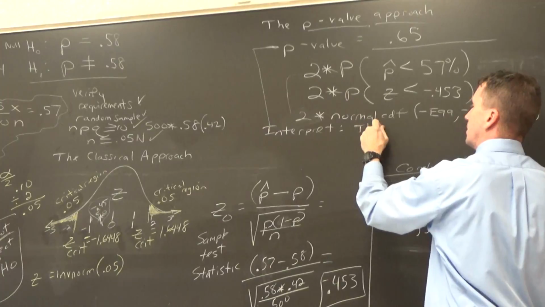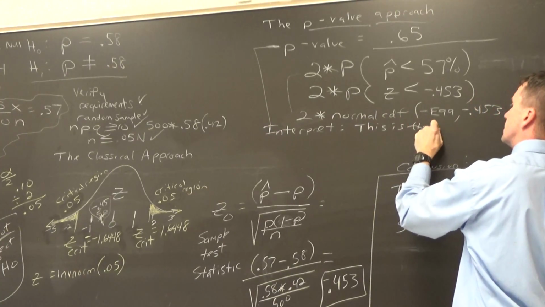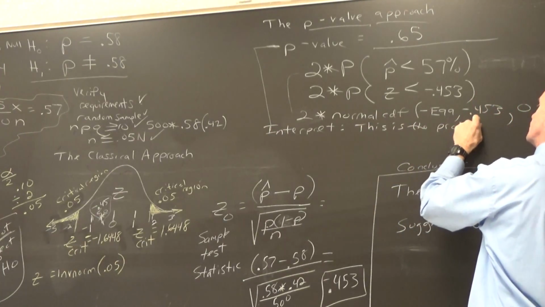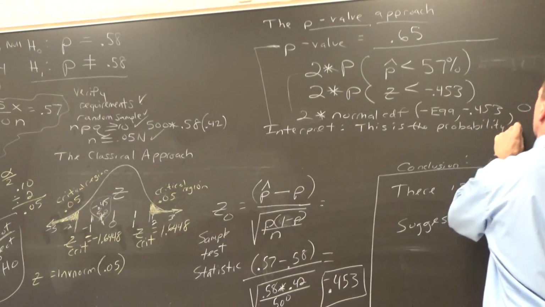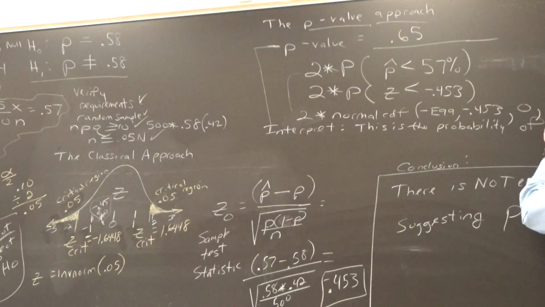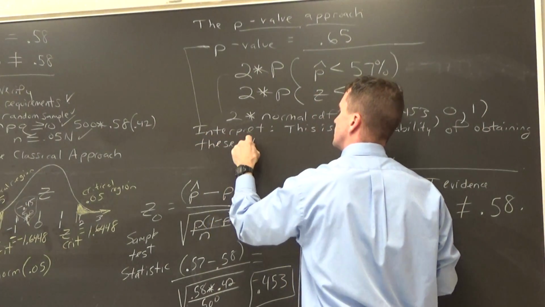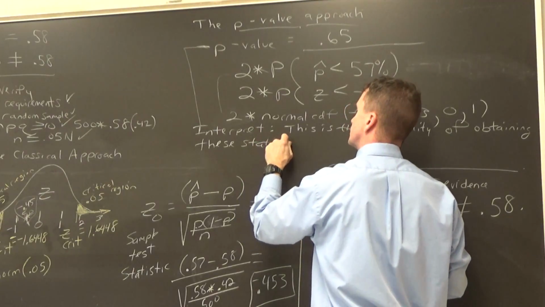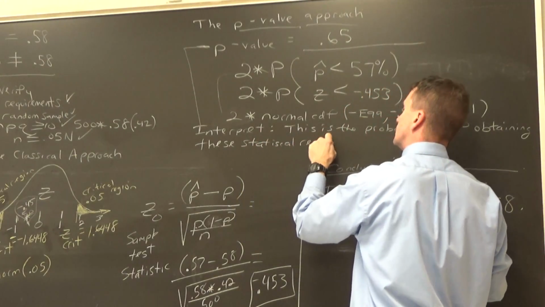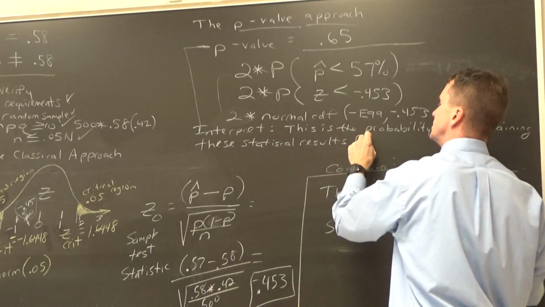This is the probability of getting the results of obtaining these statistical results. I say these, the ones I just wrote. These statistical results. You can even put parentheses or more extreme.